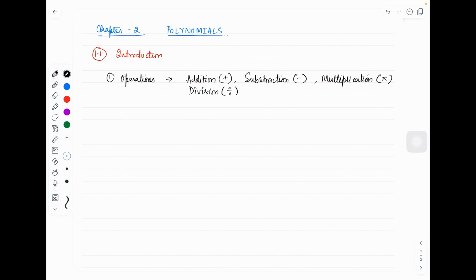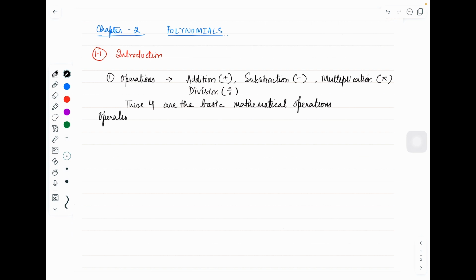These four are the basic mathematical operations. Understood?